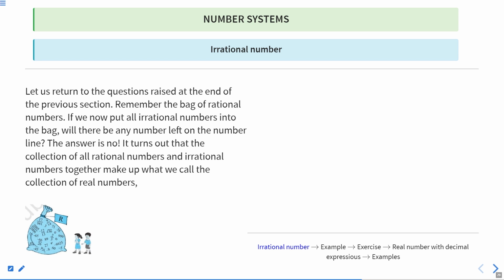The answer is no. It turns out that the collection of rational numbers and irrational numbers together make up what we call the collection of real numbers.